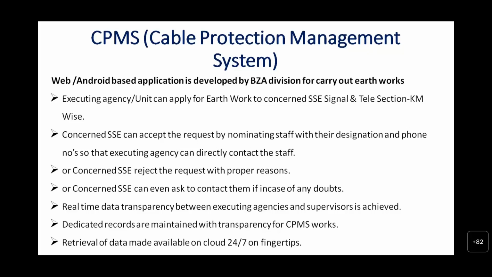Here, the executing agency unit will apply for the earthwork to the concerned signal SSC and telecom section, kilometer wise. The concerned SSC can accept the request by nominating the staff with their designation and phone numbers so that the executing agency can directly contact the staff. Or the concerned SSC can reject the request with a proper reason.